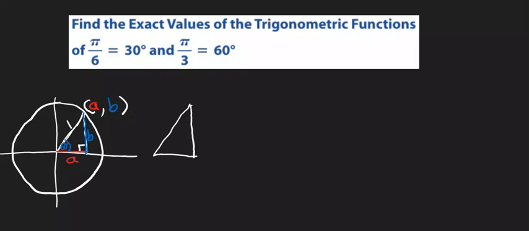And we have 90 degrees there, we have our 60 degrees, and here we'll have 30 degrees. Now let's draw the congruent of the same triangle on this side.